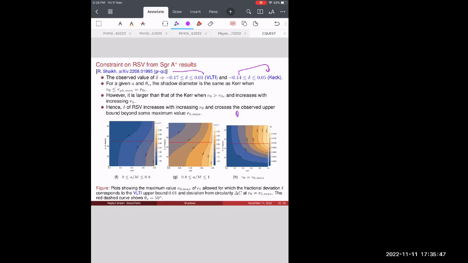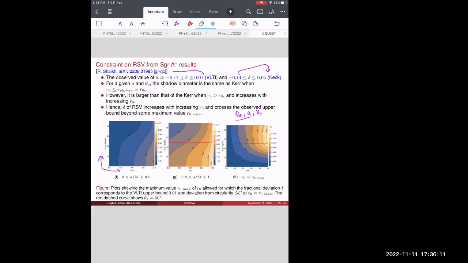It should be below 50 degrees, we know that, but we don't know exactly what it is. So we have several parameters, theta naught, the spin a, and R0, but we can use two parameters in order to produce the plot.